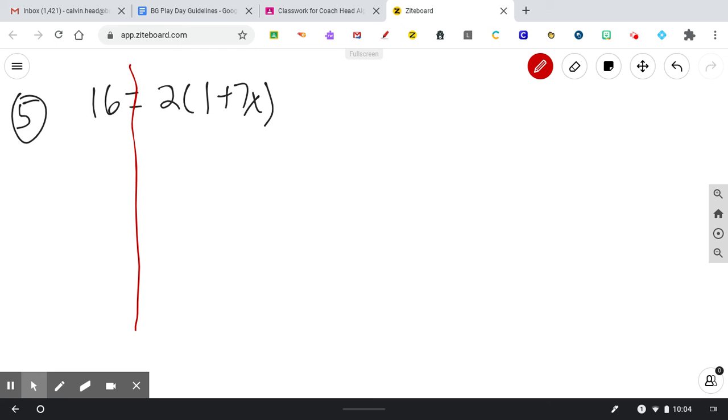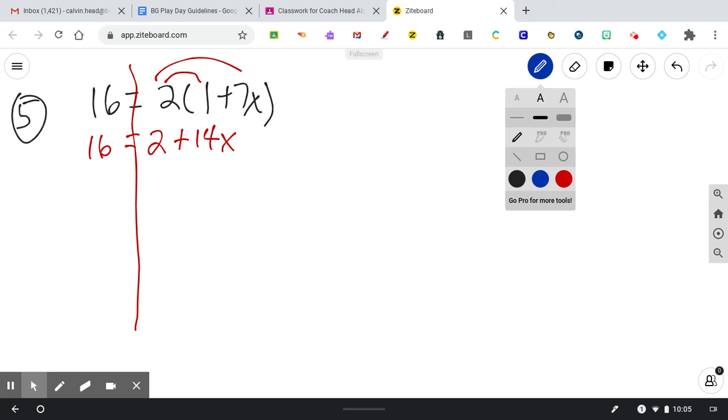Now I see I've got parentheses, so let me distribute. Remember, when I distribute, I'm multiplying. 2 times 1 is 2. 2 times 7x is 14x. And that equals 16. So see how I did that there?